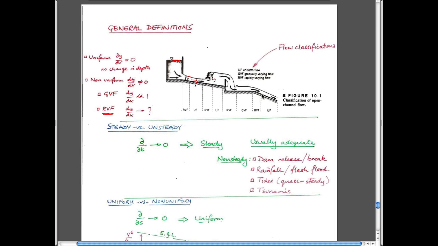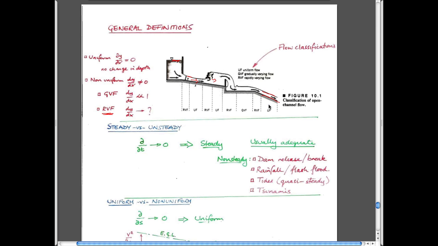And so, in this vein, we can define the flows mainly in terms of a classification which relies on two things. It relies on the slope of the bed on which the flow occurs, and it relies on the slope of the water surface as you go downstream.